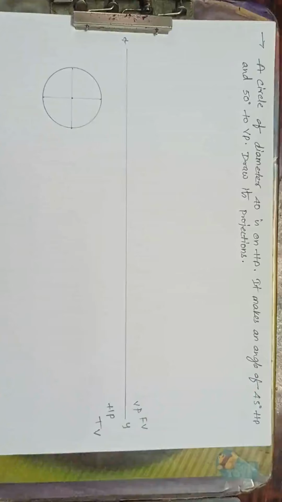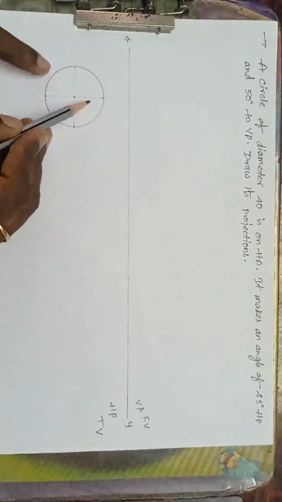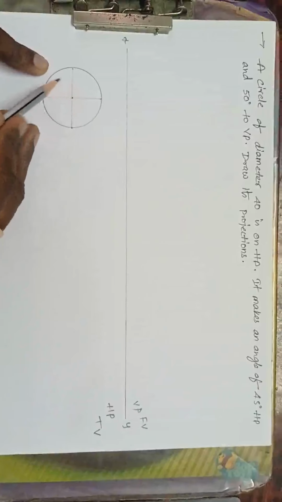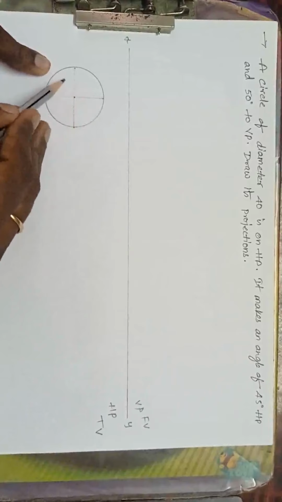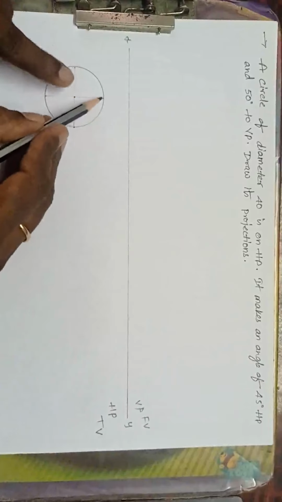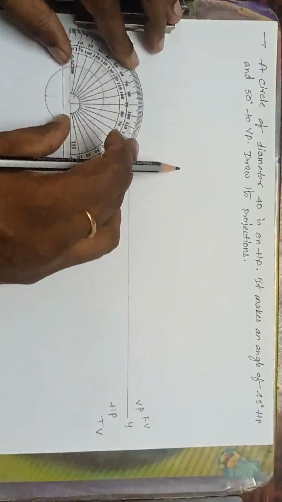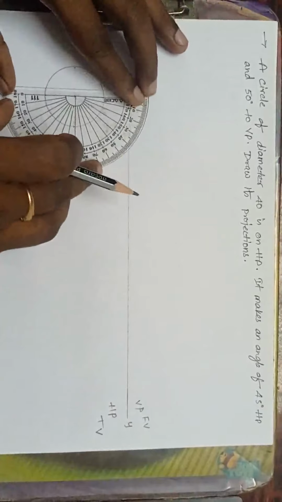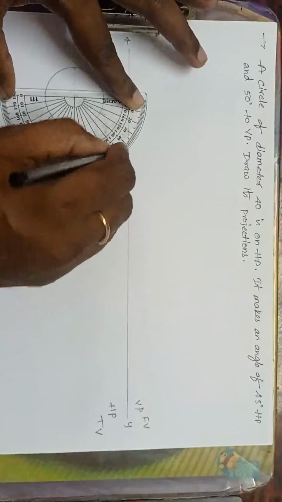Yes, now I will divide this circle into 8 equal parts. I have already divided this into 4 equal parts. So for 8 equal parts, for each and every division I have to divide it into 2 equal parts. Means this is 90 degrees, I have to make this 2 equal parts, means 45 degrees I have to mention. This is 45 degrees.